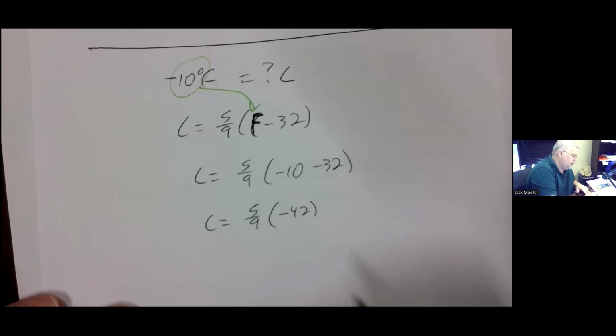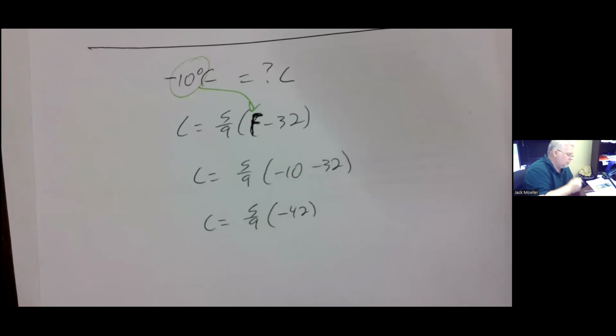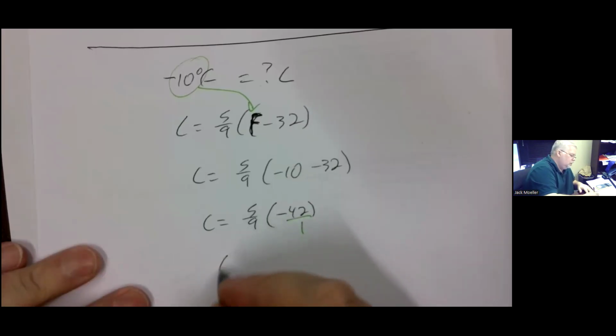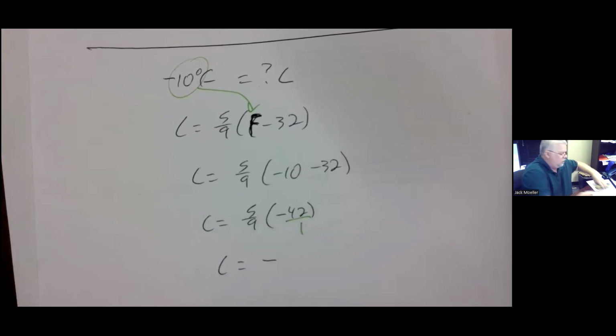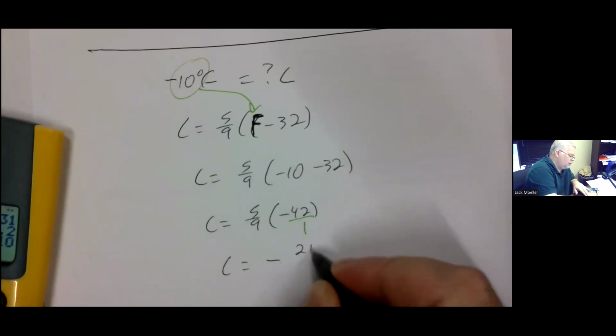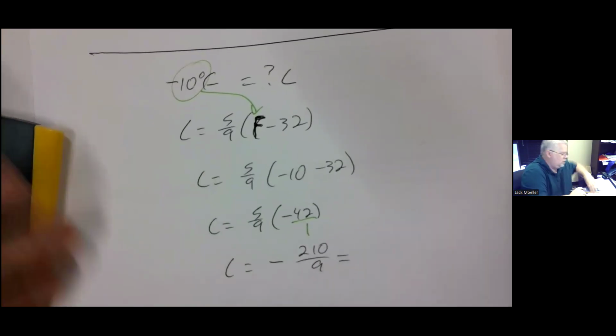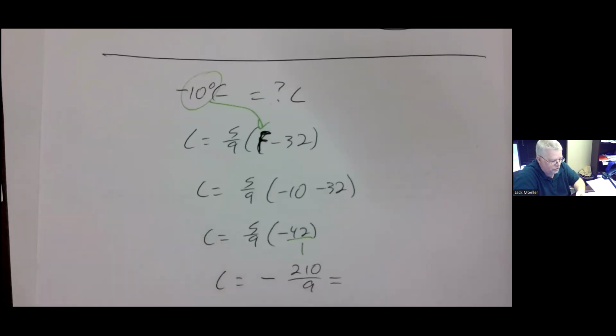Now, what do we do with that? Well, again, I always like to put my whole numbers over 1 to make them fractions. So 5 times 42, that's 210. So we got negative 210 over 9. And then just do the division.